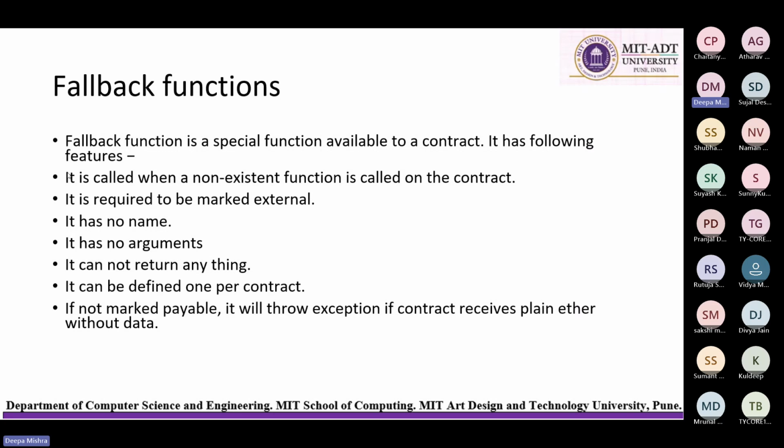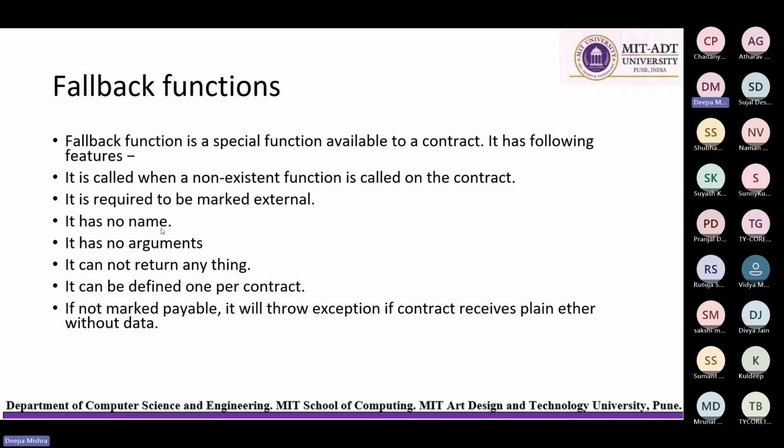A fallback function gets called when a non-existent function is called on the contract, which means that the fallback function does not have any name, and it is compulsory to mark the fallback function as external, because mostly the fallback functions are called by external contracts, not by functions written inside the same contract.